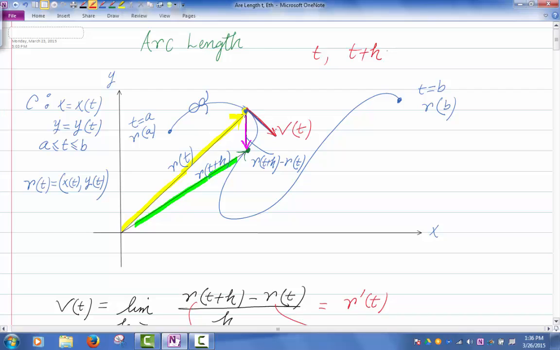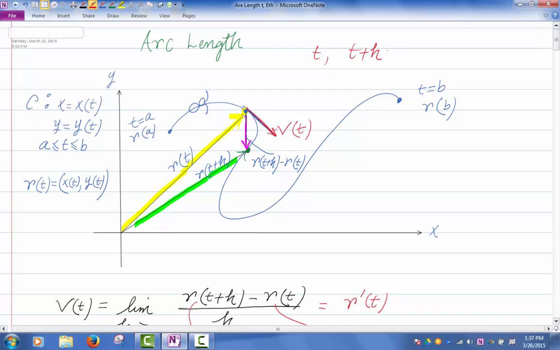So we are looking at the time interval from t to t plus h. Now, what's the position of the bug at t plus h? At t plus h, the position vector of the bug would be the green vector. At time t, the position vector would be the yellow vector, right? So what's the difference?